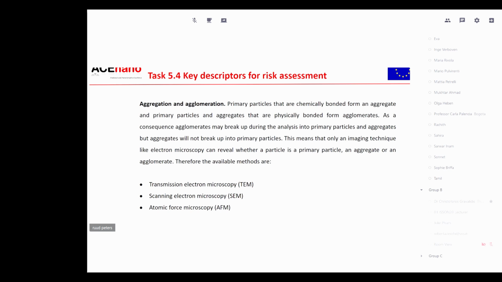In general, this means that only an imaging technique like electron microscopy can reveal whether a particle is a primary particle, an aggregate, or an agglomerate. So just as for shape, we have here three methods which are available: transmission electron microscopy, scanning electron microscopy, and atomic force microscopy.